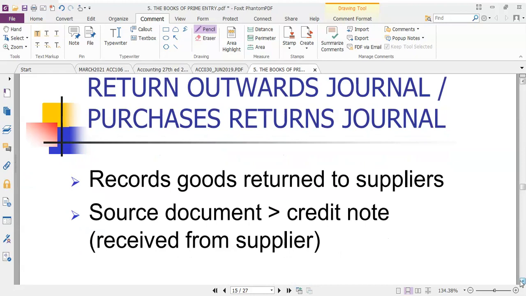So the source document is also a credit note, received from the supplier. We are the ones who return, the owner returns. Okay, look back. This.